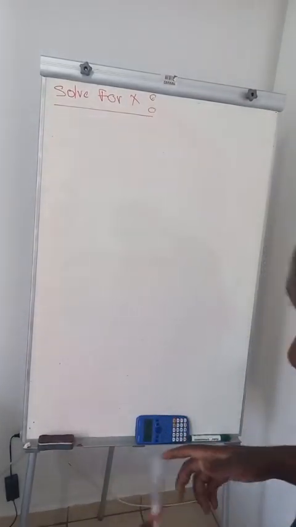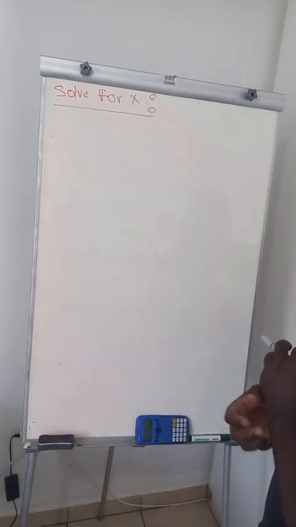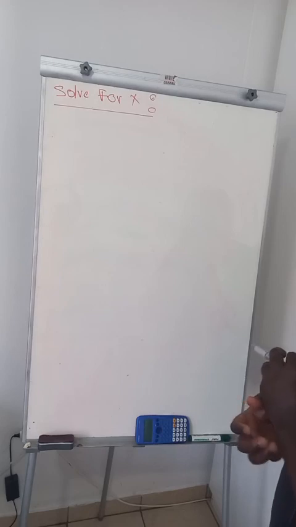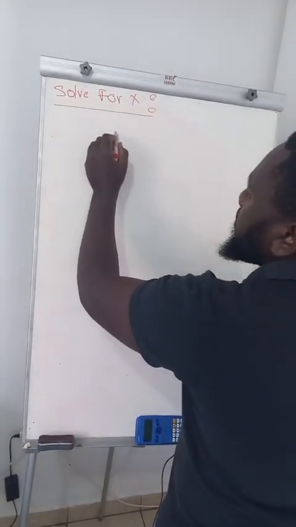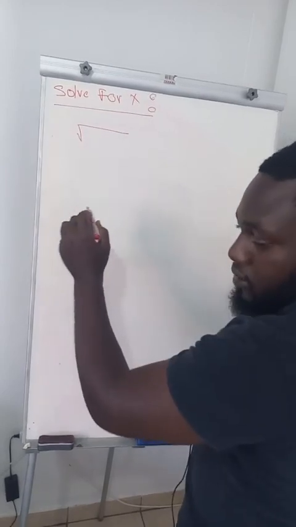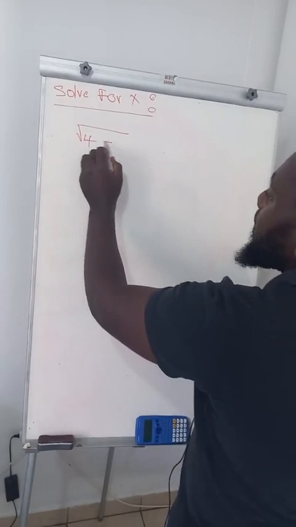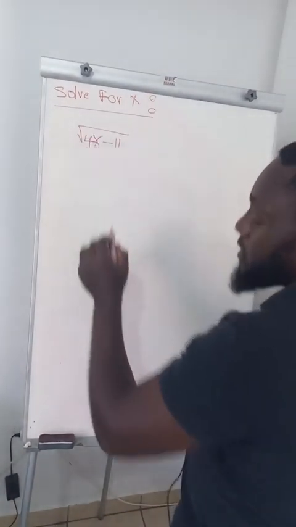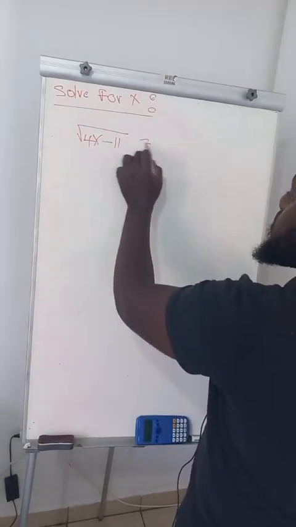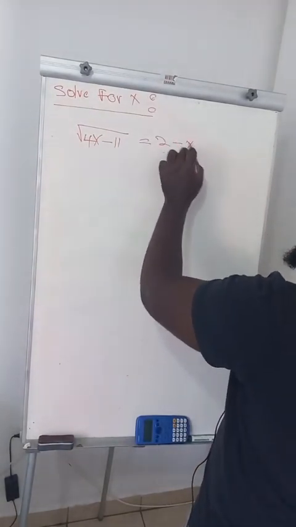Now I'm going to talk about surds. Solving for x, which includes what? Surds is just that thing which is like a square root, wherein you'll have this: square root of 4x minus 11 is equals to, I think, 2 minus x.